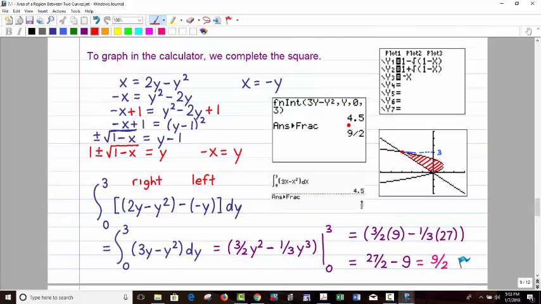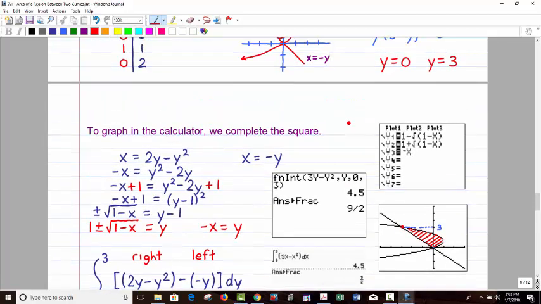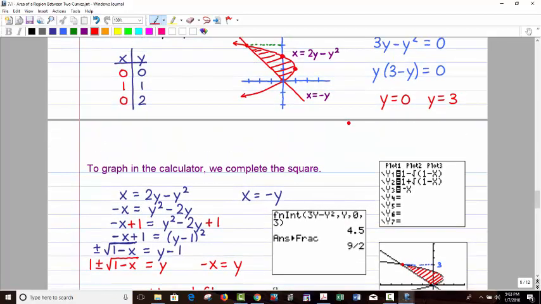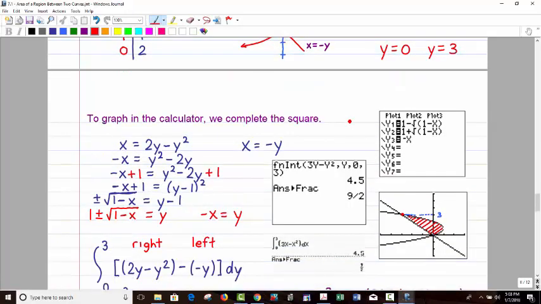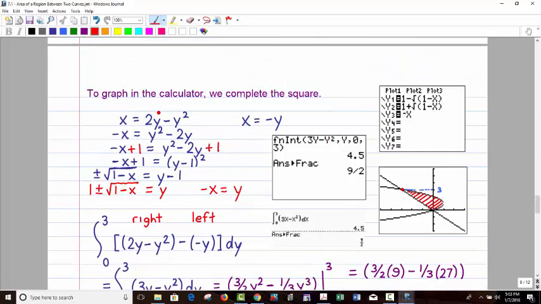But what I'm showing you here is, if you were trying to graph that in the calculator, for this one, not every one of them, it's kind of messy. Not for x equals -y, that's just y equals -x. But look what I had to do. I had to complete the square and do all this business, and I came up with these two equations right here. First one, second one, and then y3 equals -x.